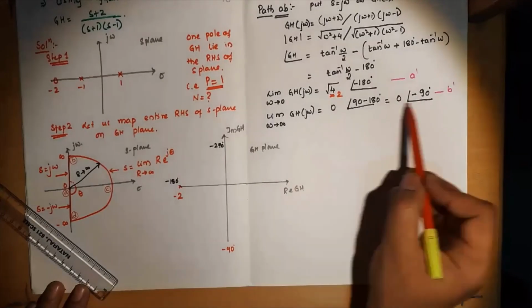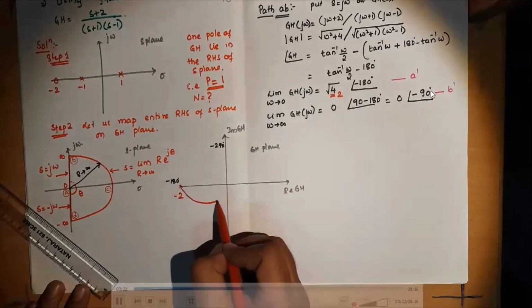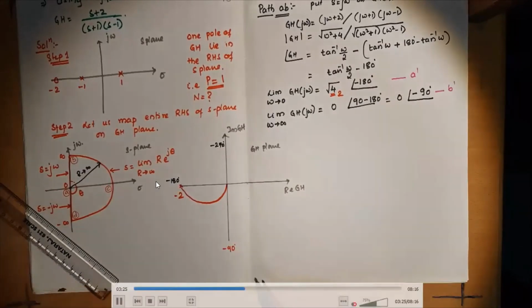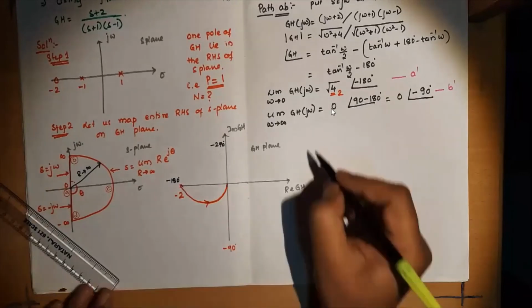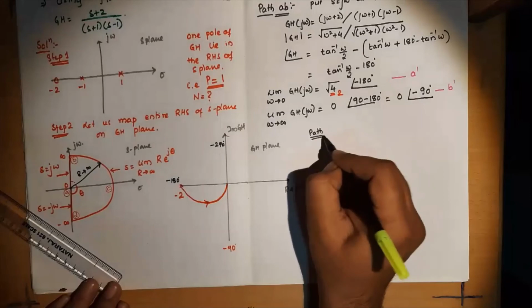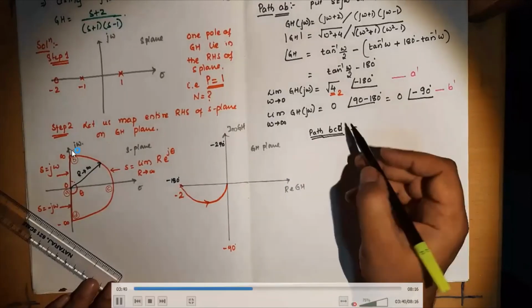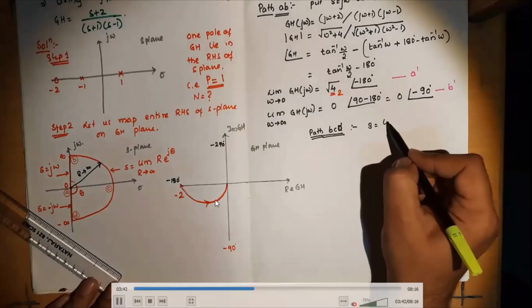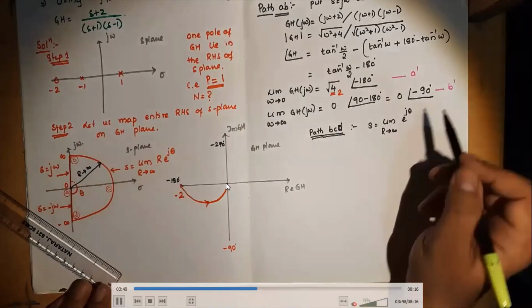What about B dash? B dash is 0 magnitude at minus 90 degree. So 0 magnitude at minus 90 degree means it is some shape that will end at minus 90 degree with 0 magnitude. So we are skipping point by point mapping. We are directly mapping from 0 to infinity. There is nothing wrong in drawing this appropriate shape. Okay, this is an approximate shape.